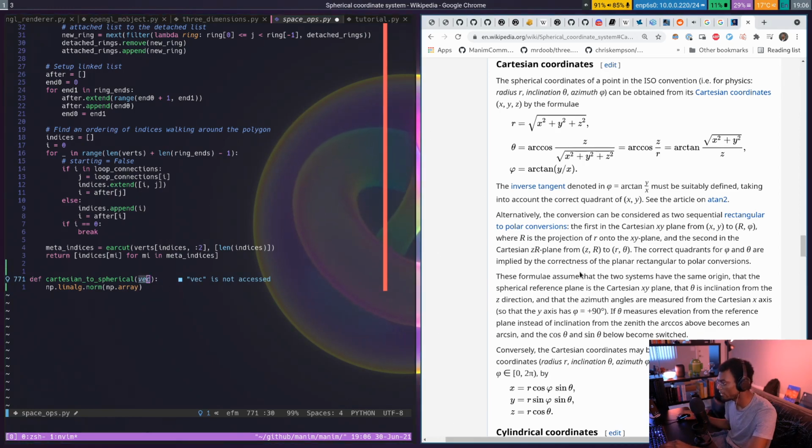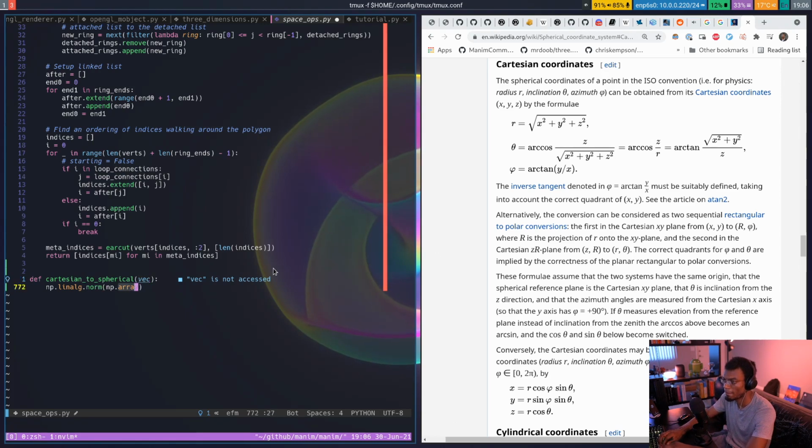Then it can give back a vector that's r theta phi. Or maybe it should be a tuple, I don't know. That probably wouldn't be super intuitive as a vector. But r equals that. Theta.